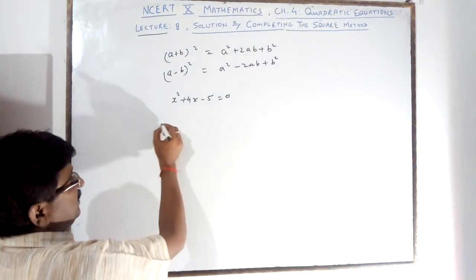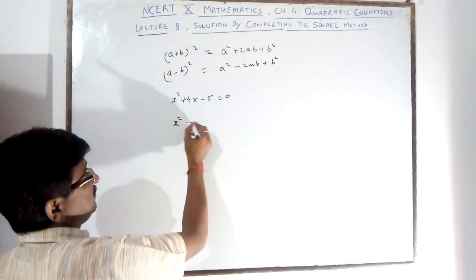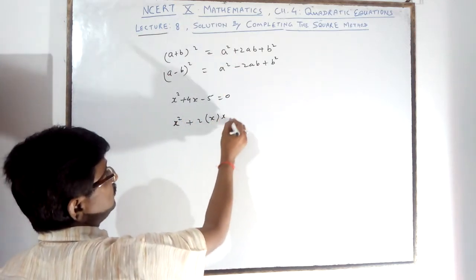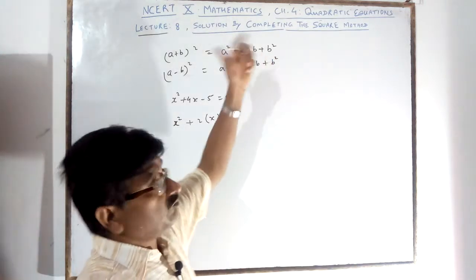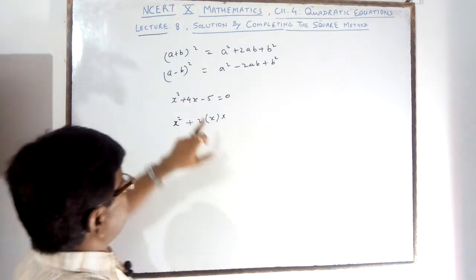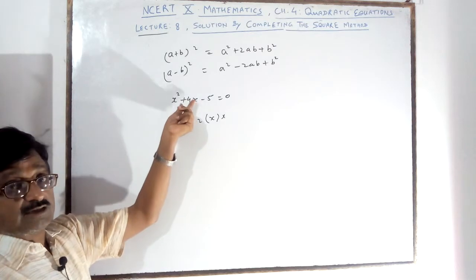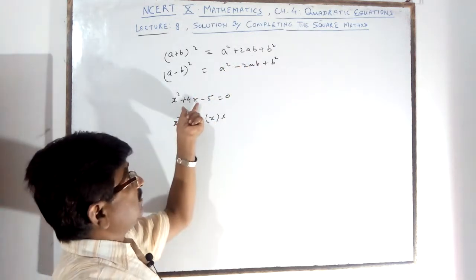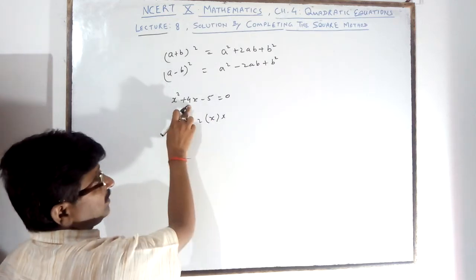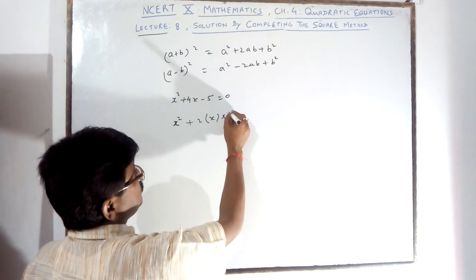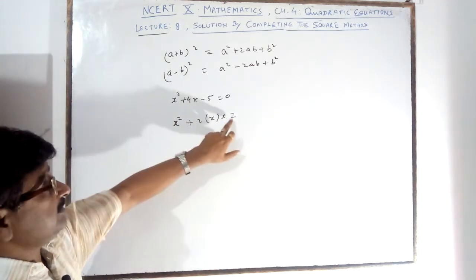How will you get it? You write a as x, so a square is x square. Apply the formula a square plus 2 into a into b. Now think, what will b be? According to this formula, 2ab must give 4x. Here a is x, so 2 into b must be 4, which means b is 2.